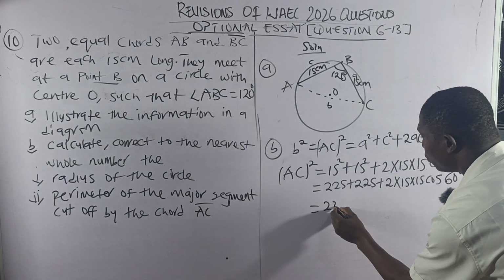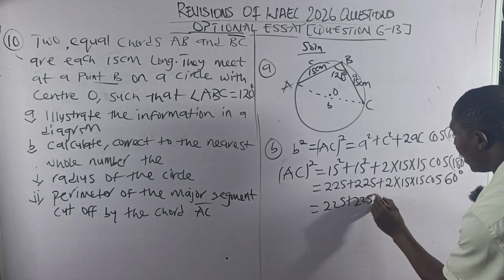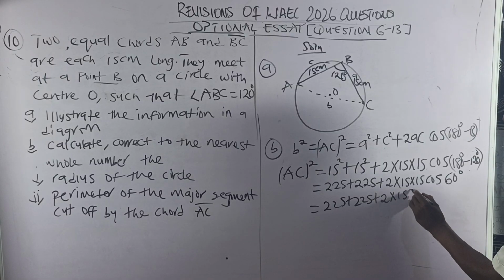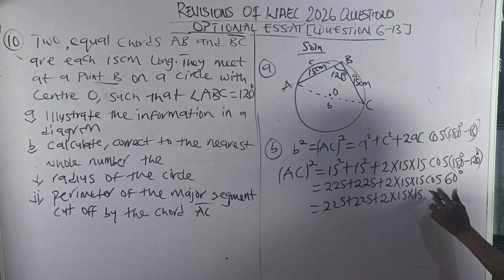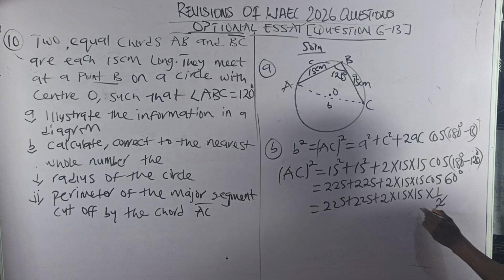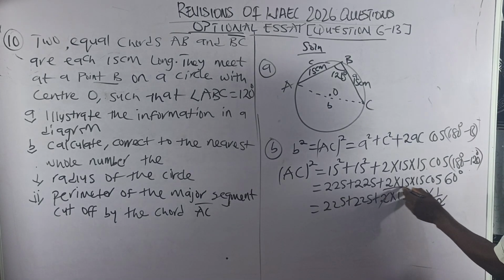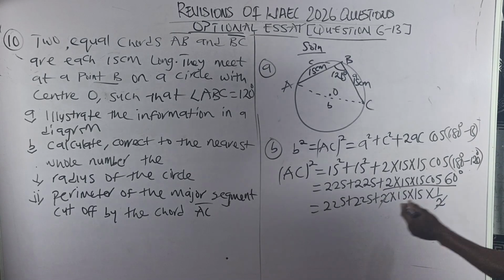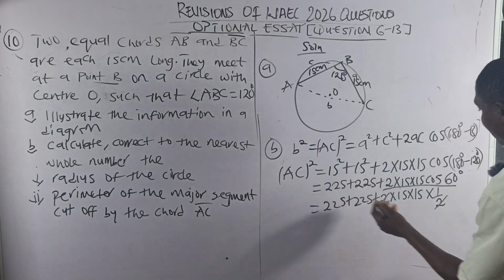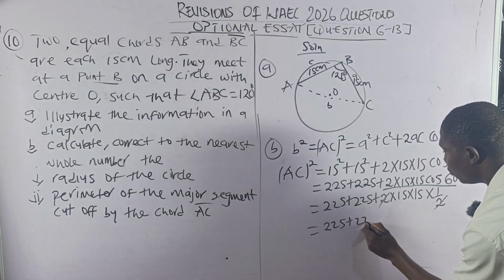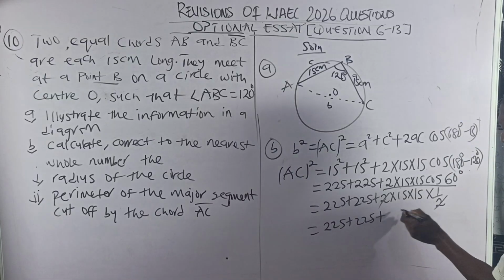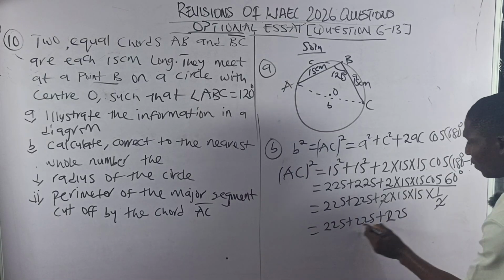So this will give me 225 plus 225 plus 2 times 15 times 15 cos 60, which is 1 over 2, times 1 over 2. So 2 can cancel 2. Remember, all these are taken as 1, so you should get one value before you resolve it with these two terms. So this will cancel this, and I'll have 225 plus 225 plus this time is also 225.